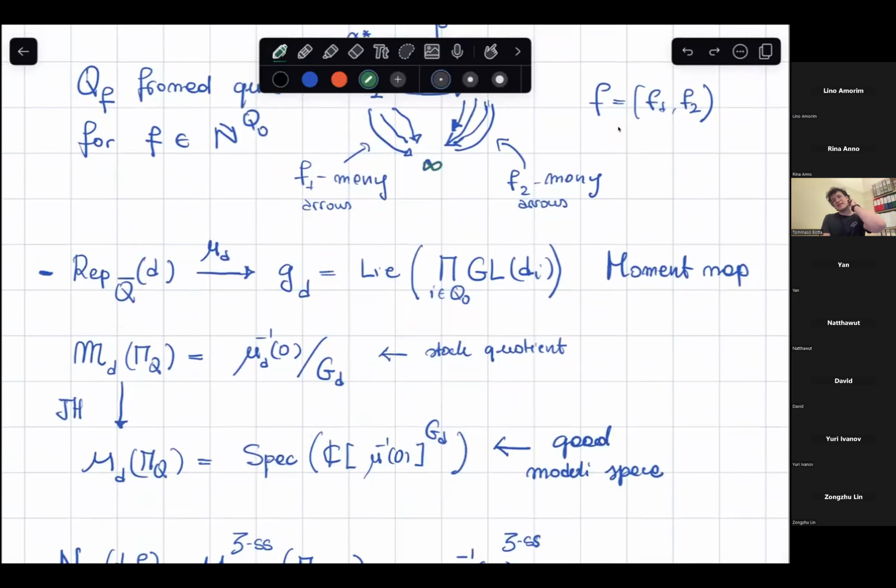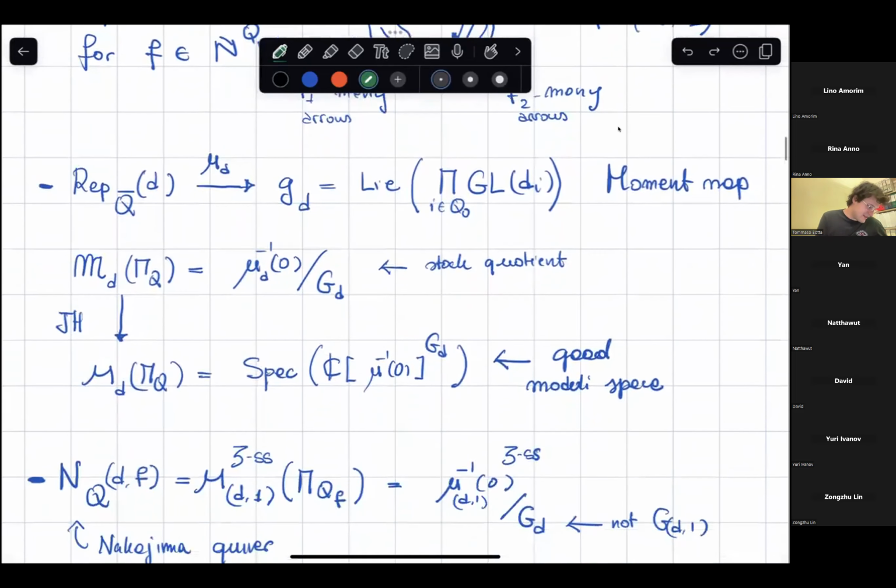And as Lucien discussed in his lectures, we have a morphism, some kind of Jordan-Holder filtration, that for any closed point in my stack, so for an isoclass of representations, associates to it its semi-simplification. And as I write here, this lands in the Gaussian modular space, which is simply the spectrum of invariants of functions on the zero locus of the moment map.